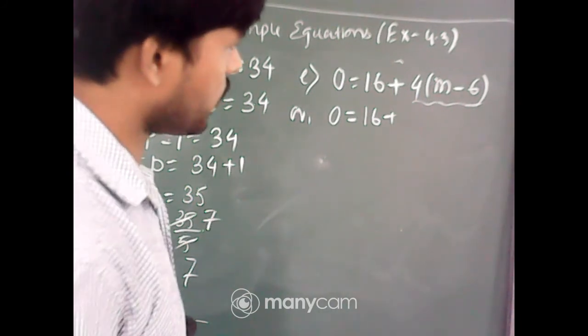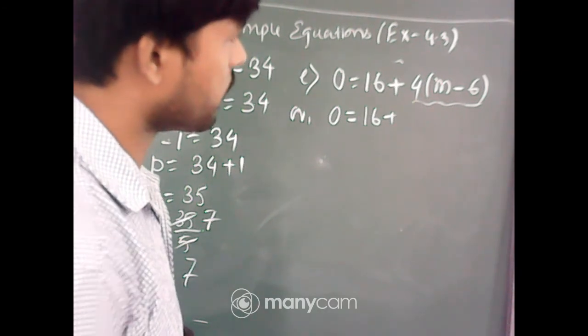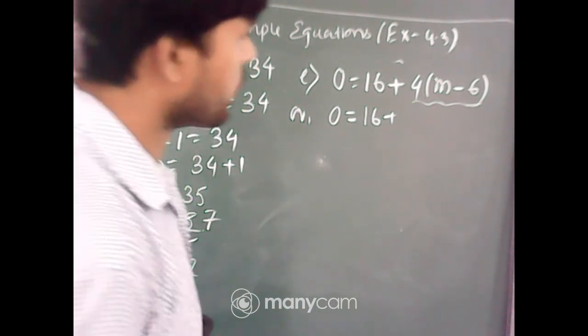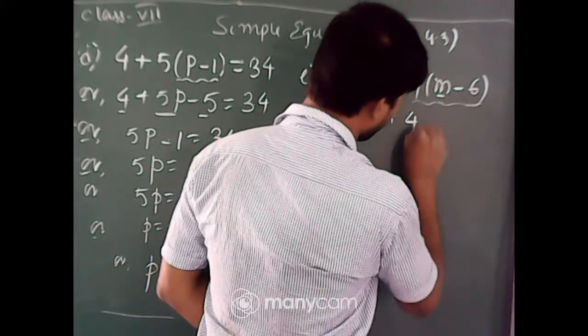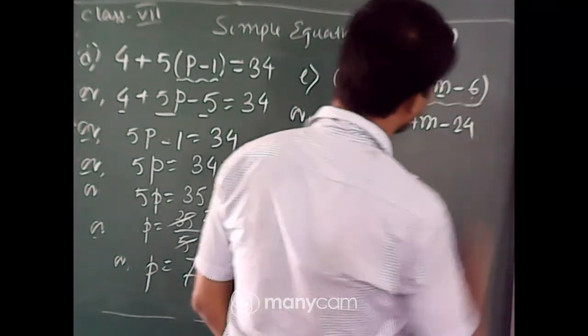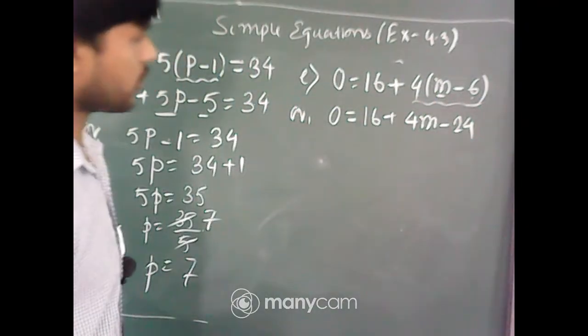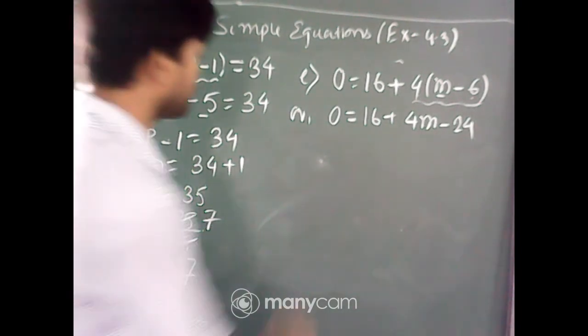Yes, very good, Tanisha. Pritush is also correct. Okay, so it will be 4 into m, 4m minus 4 into 6. We know 4 6s are 24. So it will be 4m minus 24.